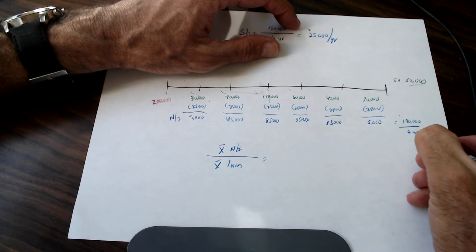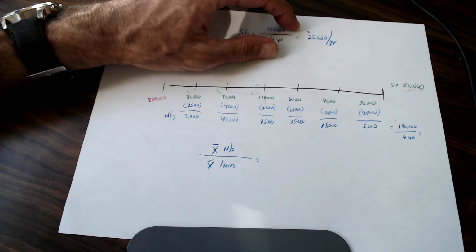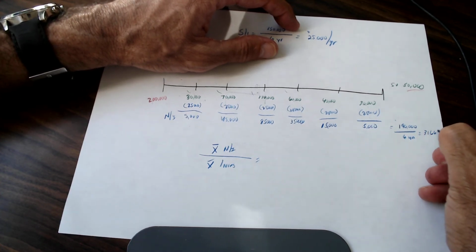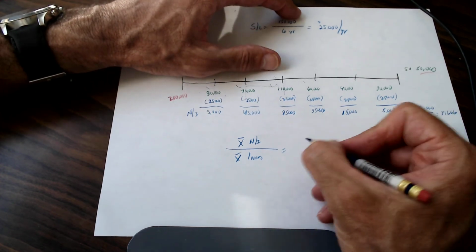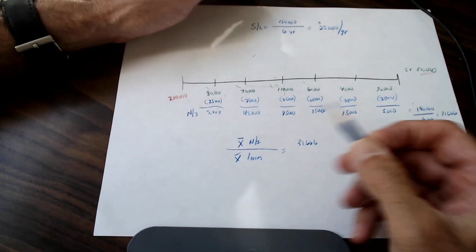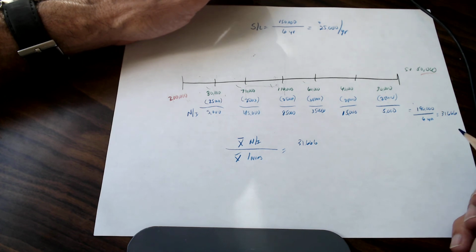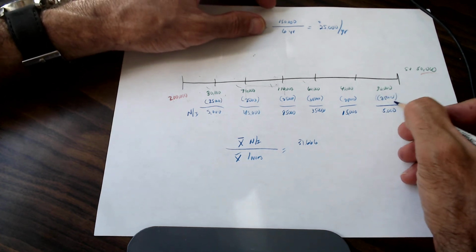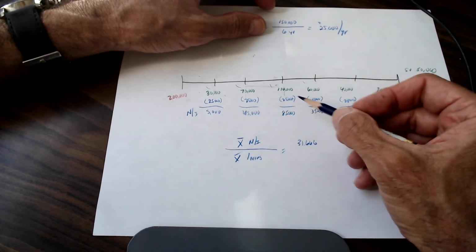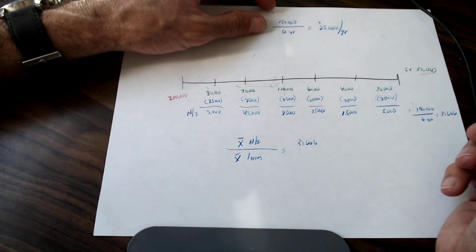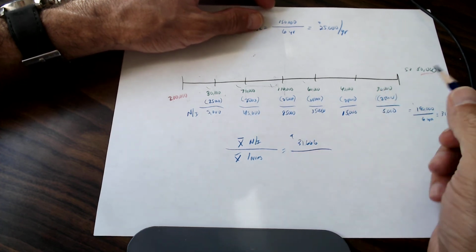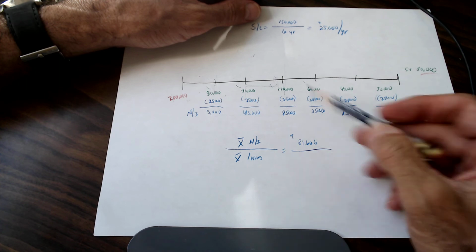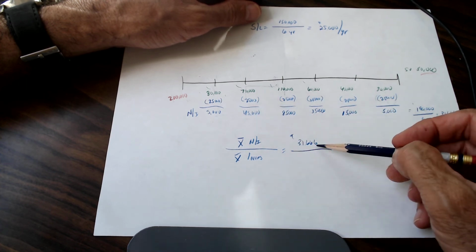Divided by those 6 years, looks like my average net income is 31,666. It's just these added up and divided by 6. Even if one of these becomes negative, well, you subtract it. This is minus that, and then divide it by 6. Yeah, throw it in there. So on the average, my average net income per year will be 31,666.